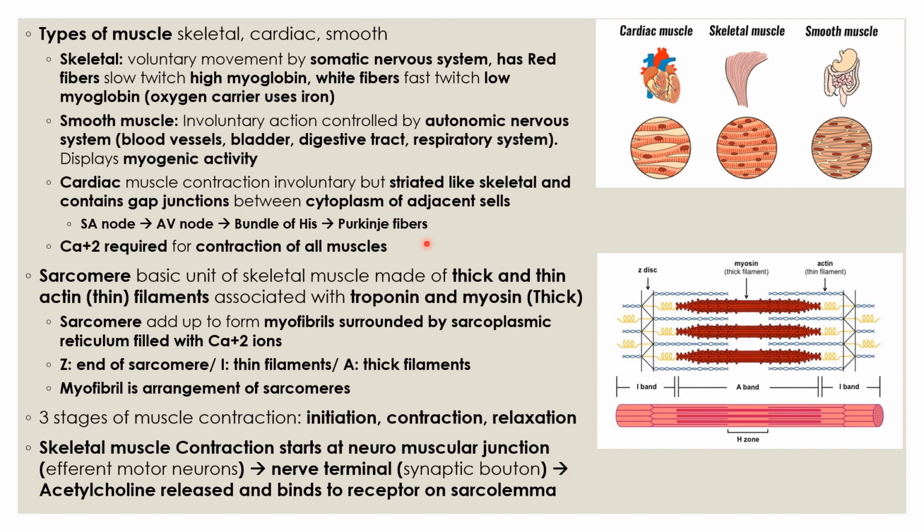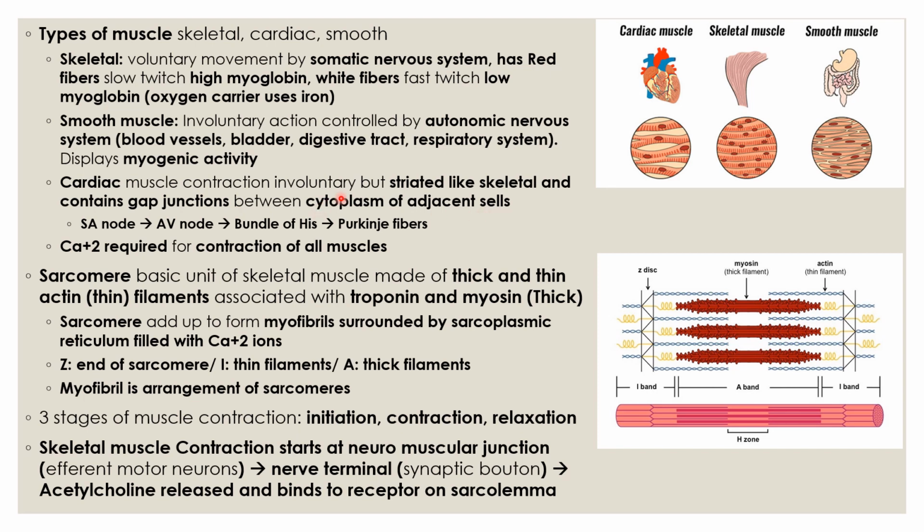Calcium is required for all of these muscle contractions. So calcium is really significant, and we're going to speak about what makes it significant. The sarcomere is the basic unit of skeletal muscle, and it's made of thick and thin filaments.